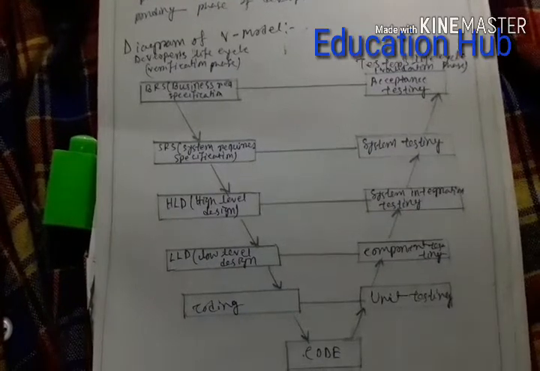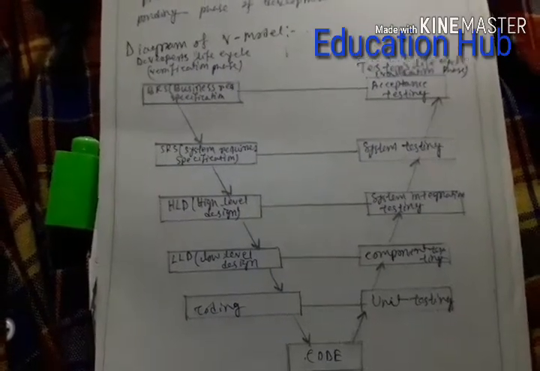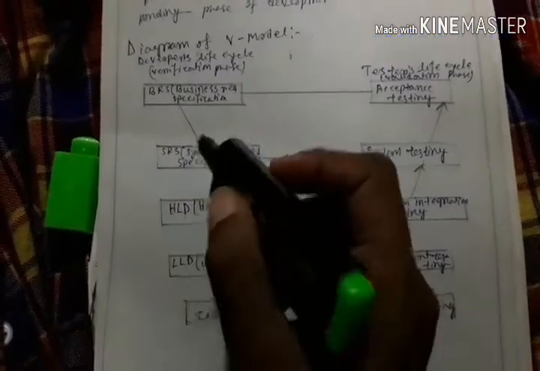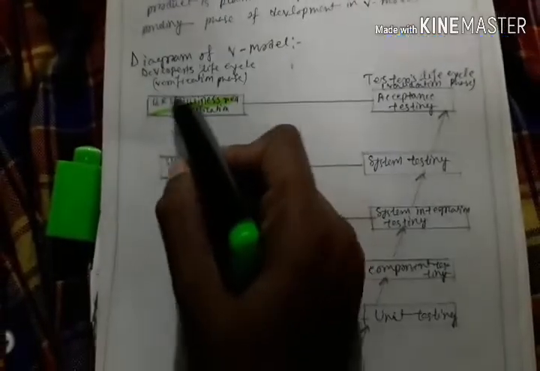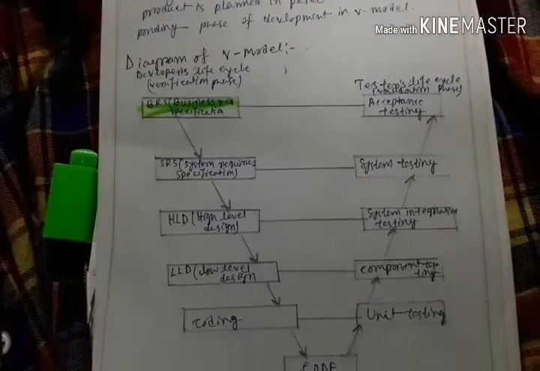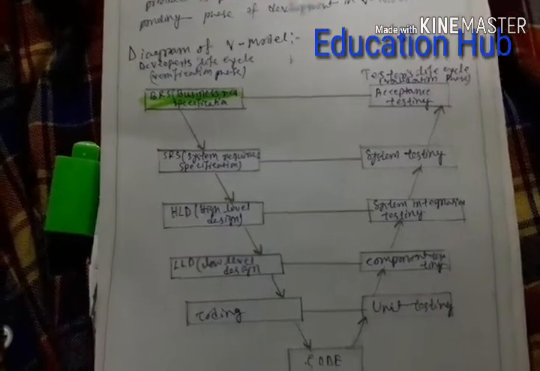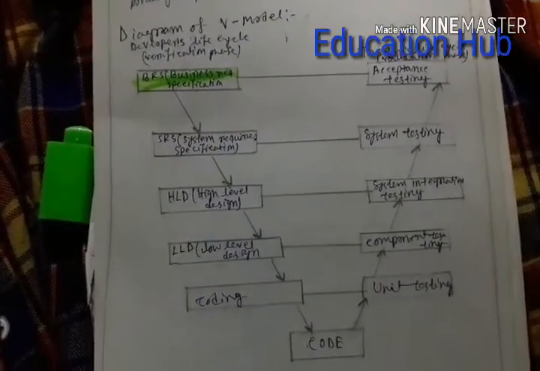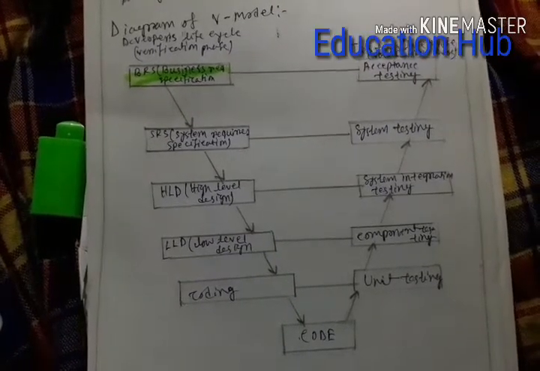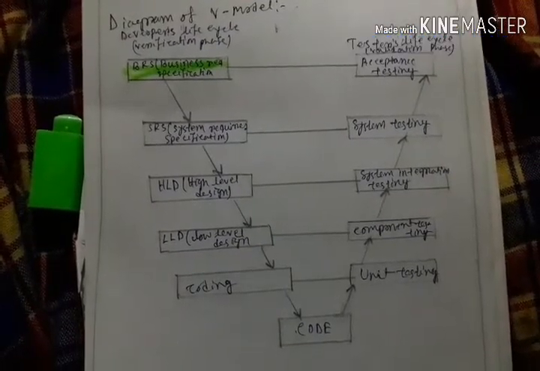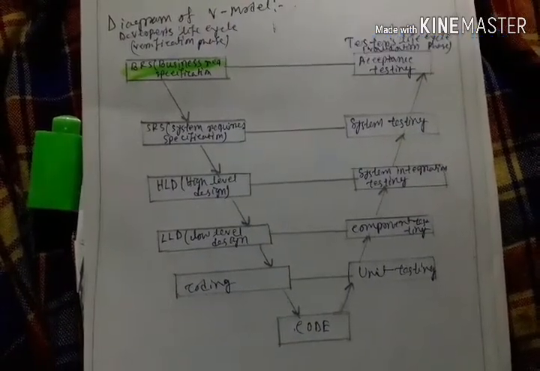Now in this shape you can see the V model diagram. Here you can see, from the design, this is the part of business requirement and specification, which is the first phase. What is the business requirement and specification? That means whenever the user gives some requirement, it comes first.